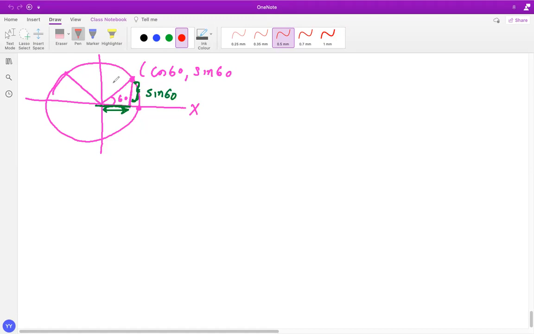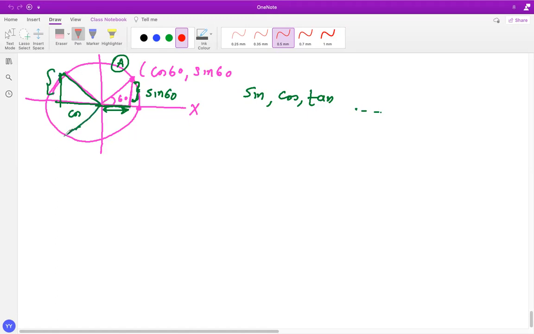What is really interesting is that the x distance is positive here. So x and y are both positive, and sine, cos, and tan, all ratios are positive. If you're in the second quadrant, because the x length is negative, cos is negative, and sine is positive because your y value is positive.